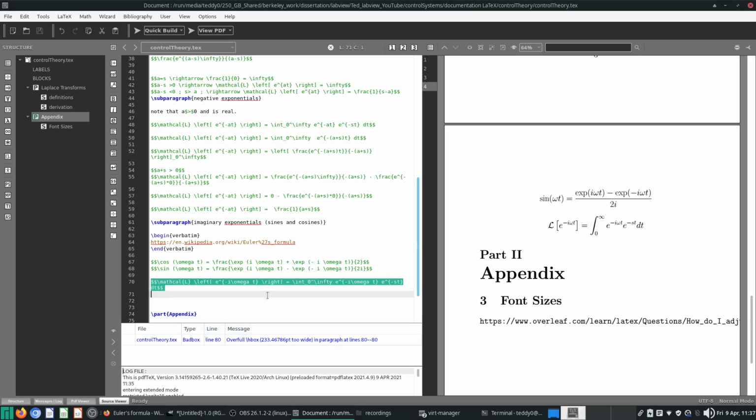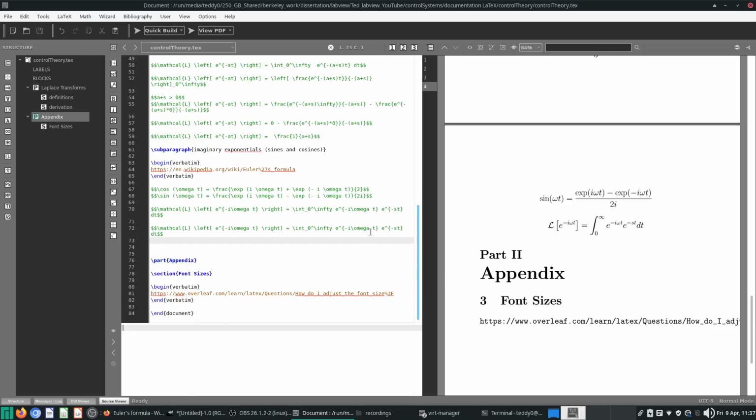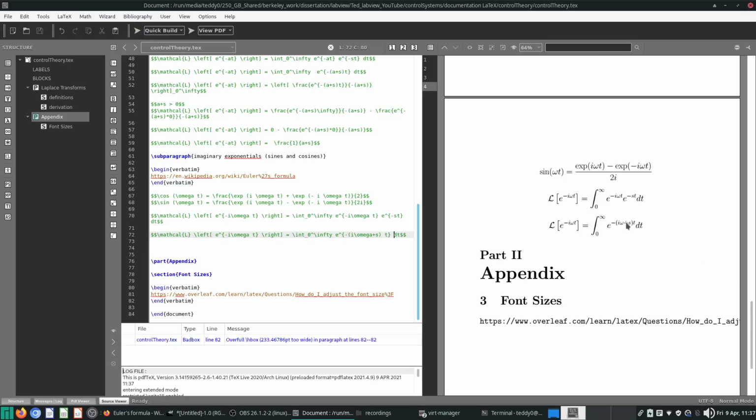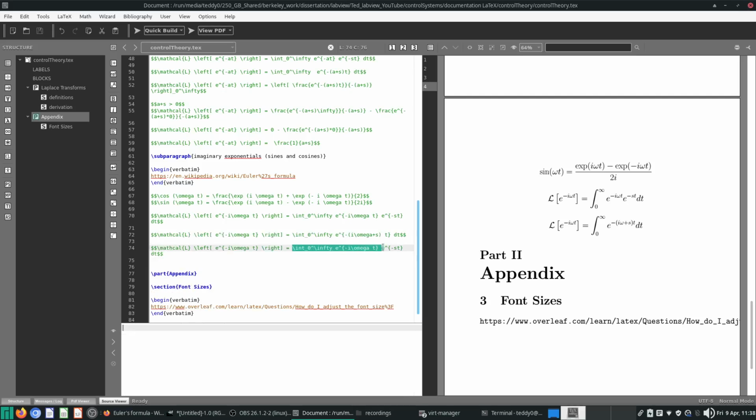Just treat i as just another constant. We don't really need to worry about i. It's a little bit harder to wrap your head around imaginary exponentials, but this is how we will do it. Same idea, then we'll just do the standard integration.